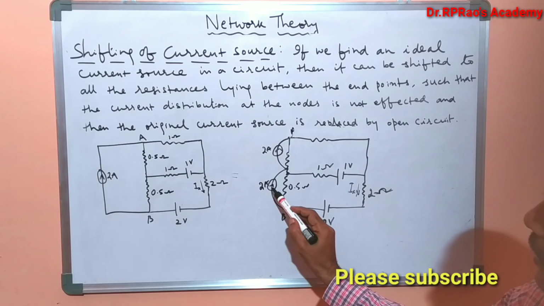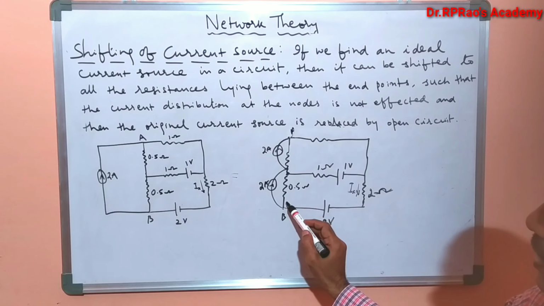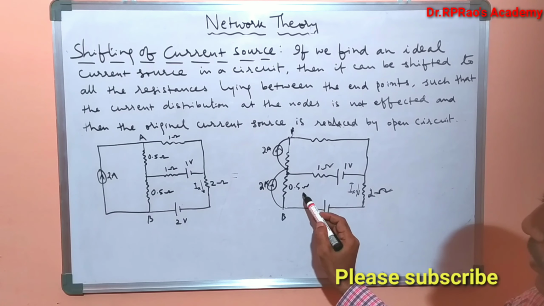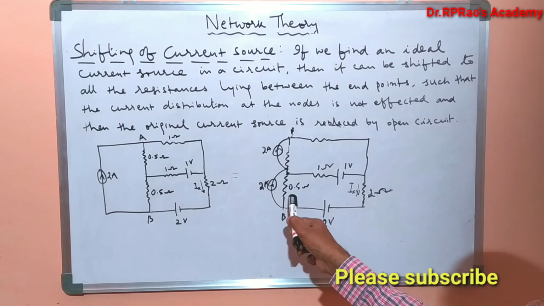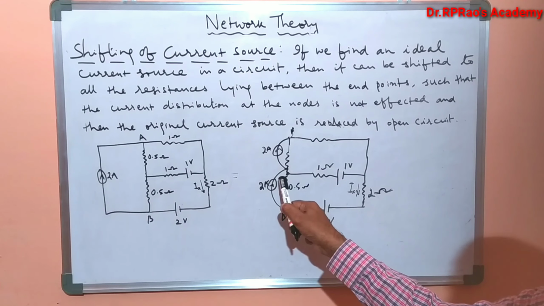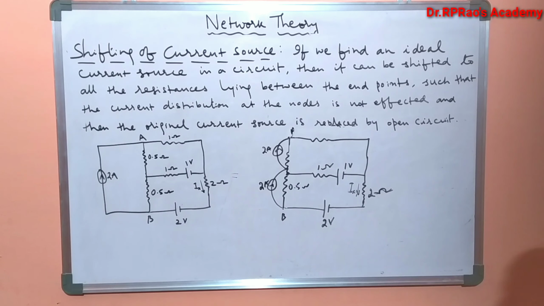Now here the current source has an internal resistance of 0.5 ohms. Since it has internal resistance, it is a practical current source, so it can be converted into a practical voltage source. That is the source transformation technique.